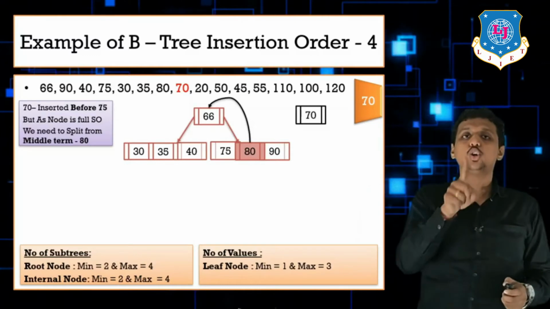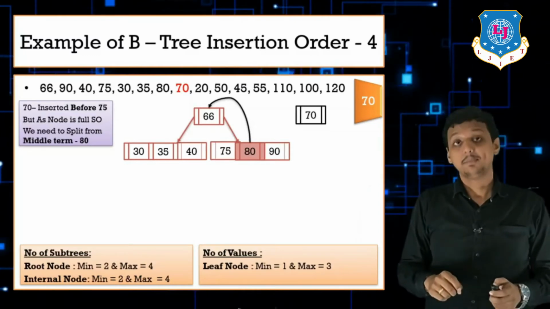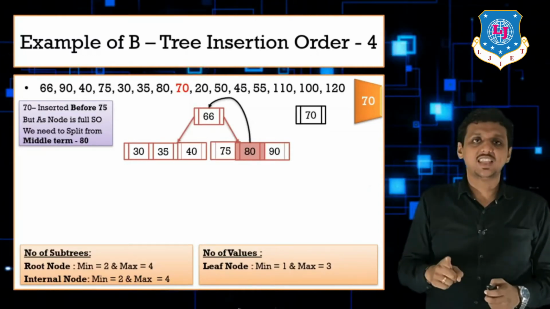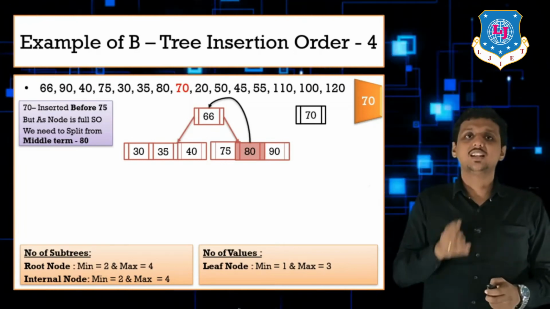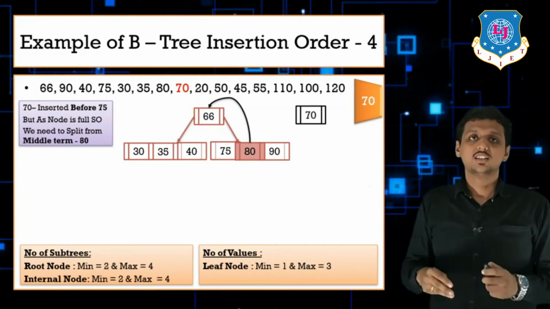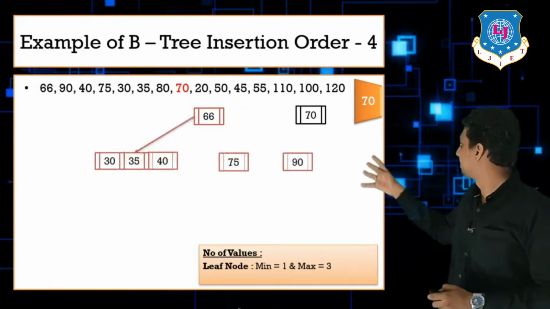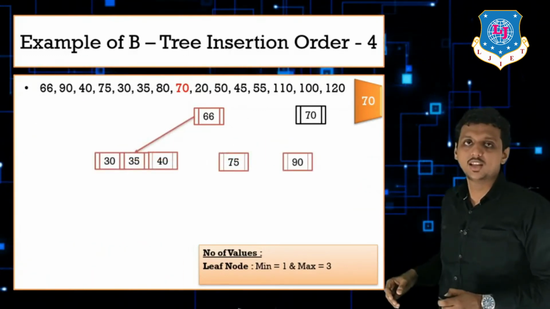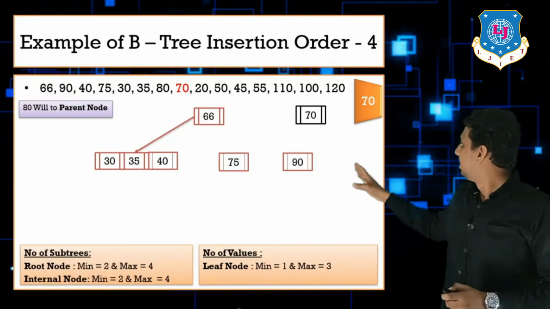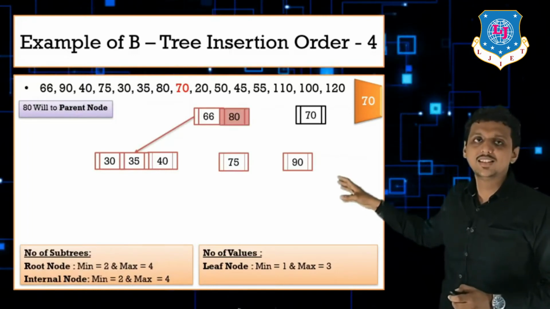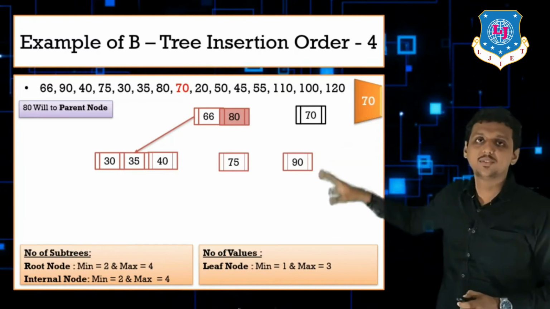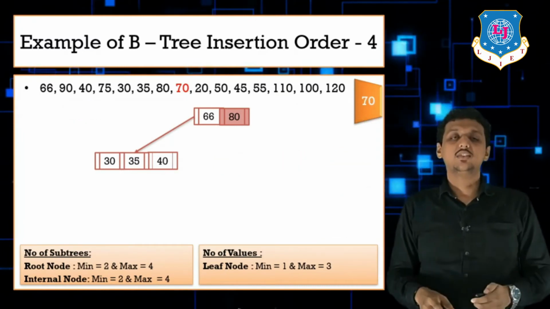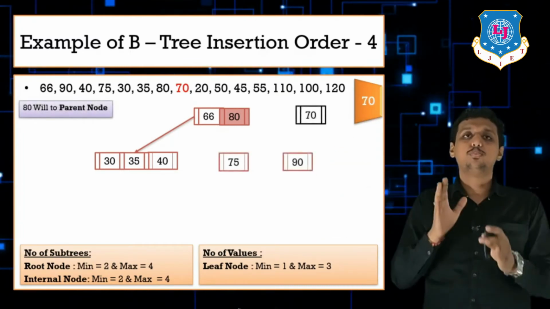Now tell me, on the root node do we have space? Yes, because only one element is there and we can insert maximum 3 values. Okay, so here it is. This is my figure. See here students, you can insert 80 on the right side of the 66, and now 80 has 2 parts.